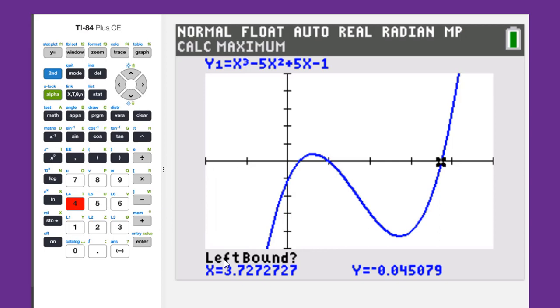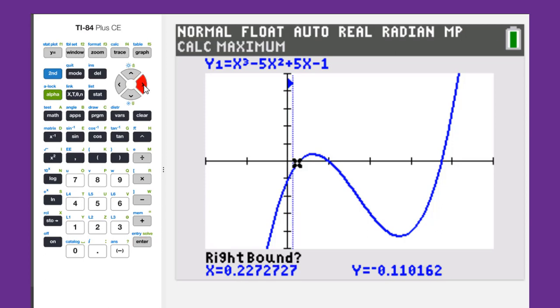Then they ask you left bound. So you have to move the arrow to the left side of this maximum value. Then I put the enter.